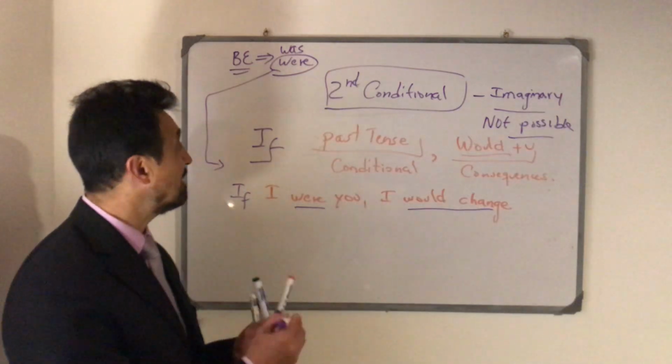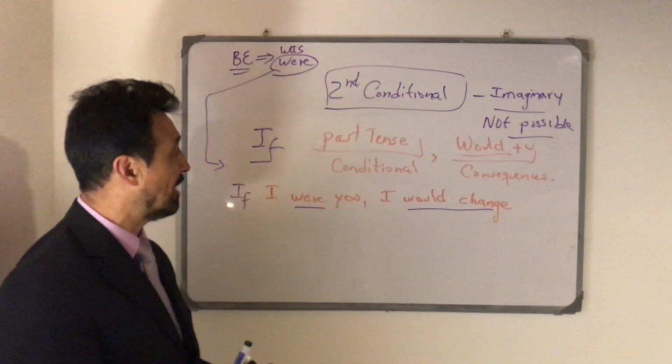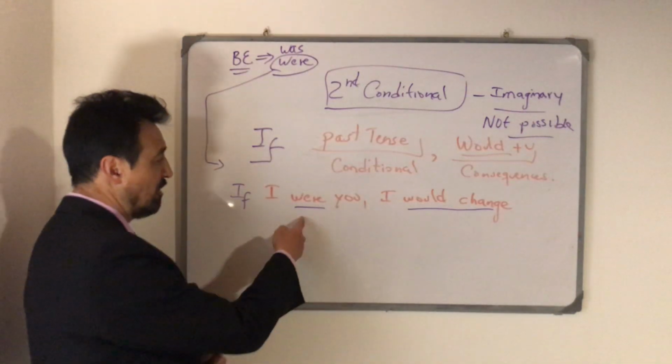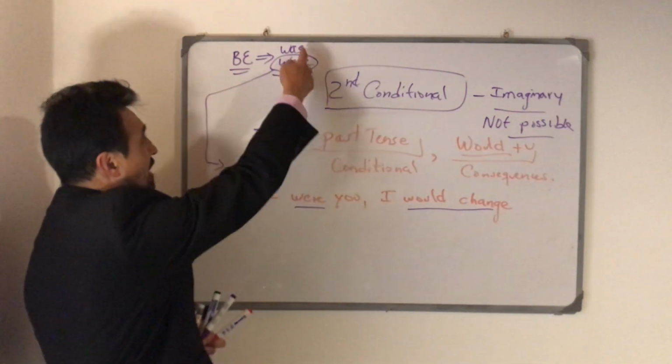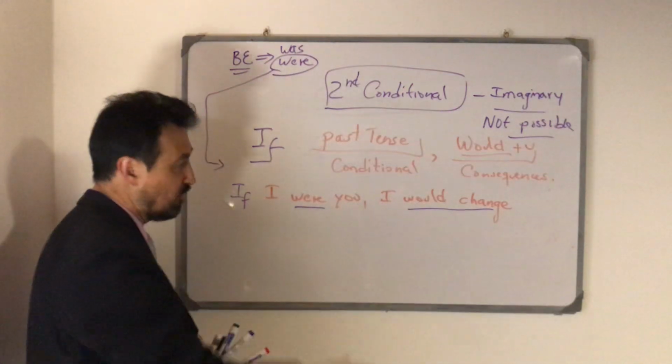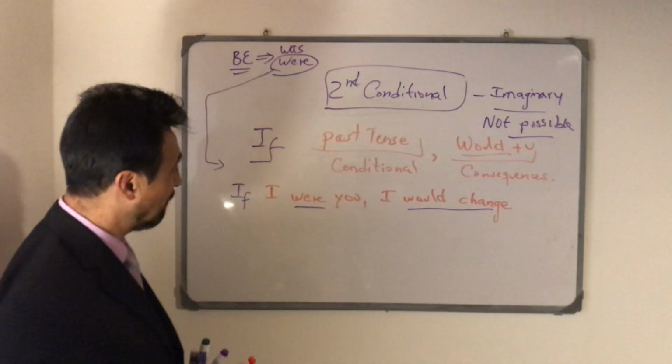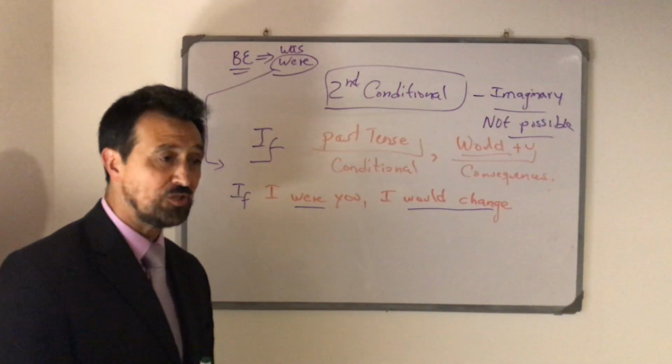Look at this: you use the simple past in the first part and would in the consequence. You say, if I were you, I would change. This is the second conditional, where you use the past tense of to be with all the nouns and pronouns. Yes, if I were you, I would change.